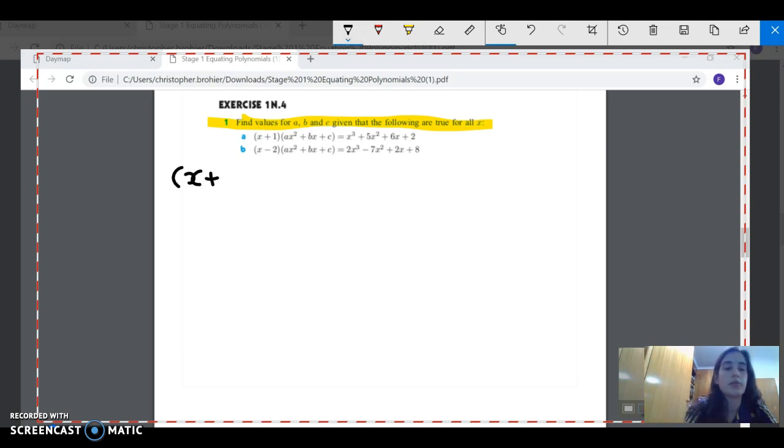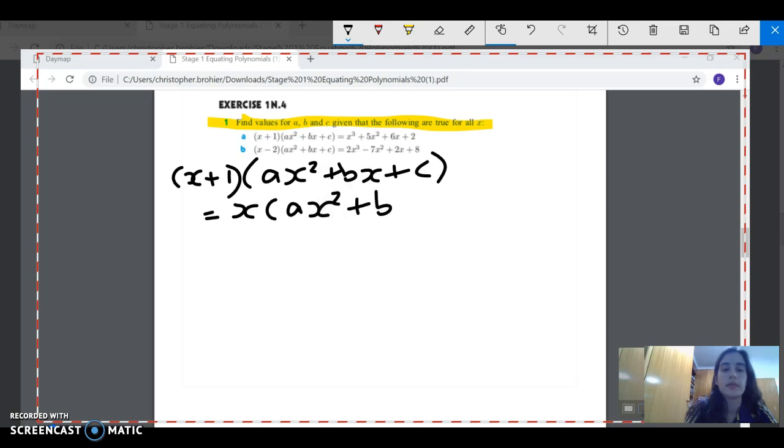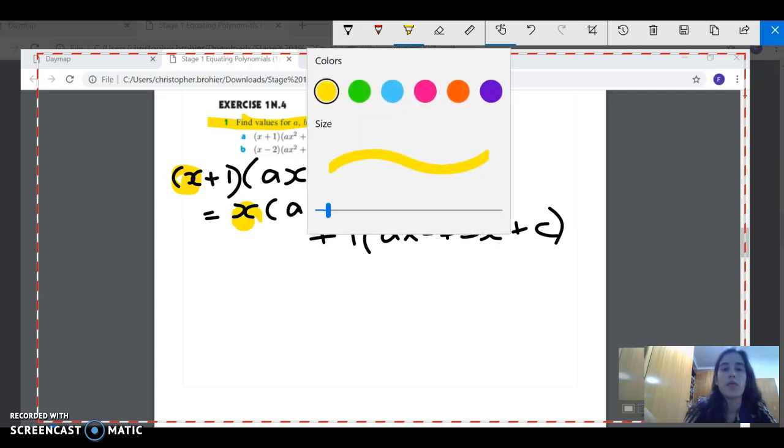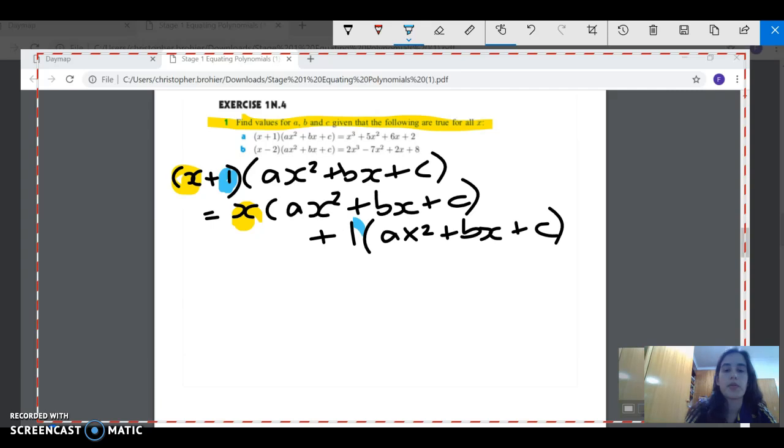So we go x plus 1 outside of ax squared plus bx plus c. So that's going to just equal, remember we did this last lesson, that's actually the same as ax squared plus bx plus c, x outside of that, plus 1 outside of ax squared plus bx plus c. Now, if you're wondering where everything comes from, well, that x is that x, and that 1 is that 1.